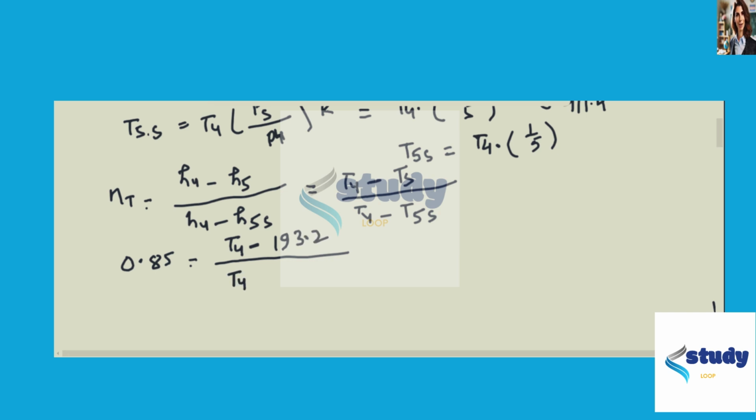T4 we are measuring, that is T4 into 1 upon 5 to the power 0.4 divided by 1.4. On solving it, T4 you will get 281.3 Kelvin.